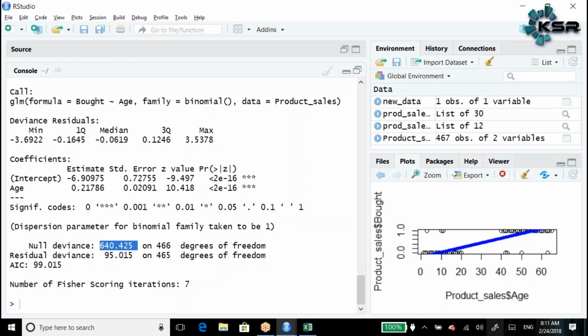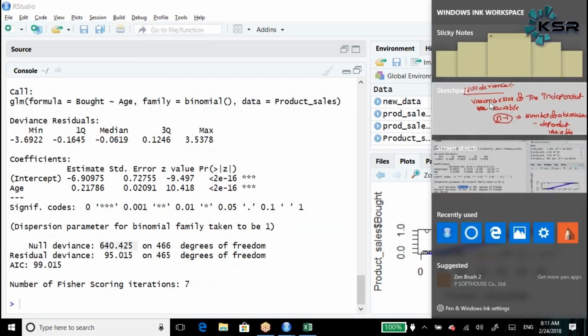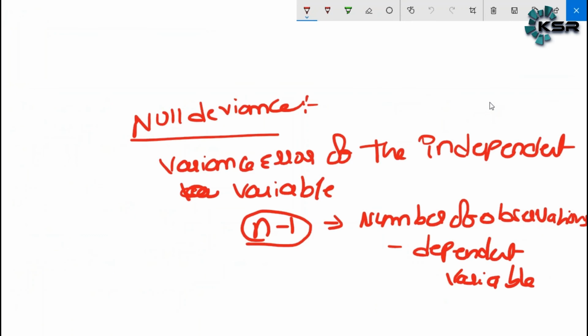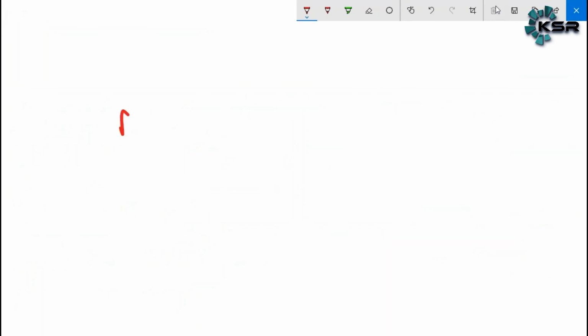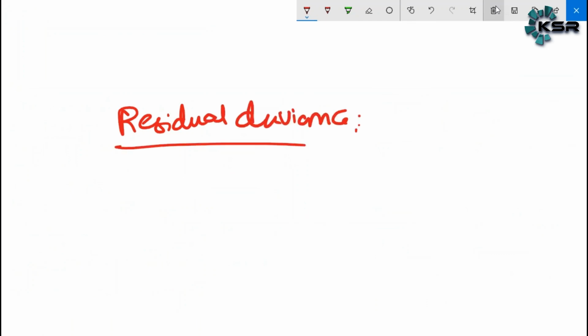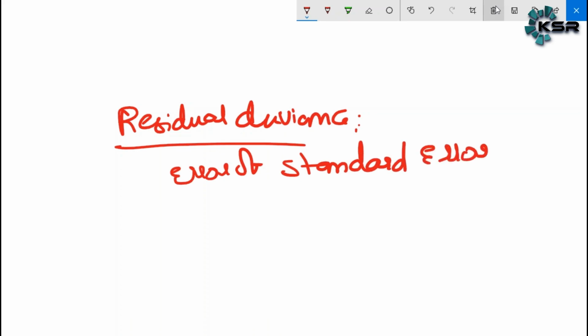Residual deviance means the error of the standard error.